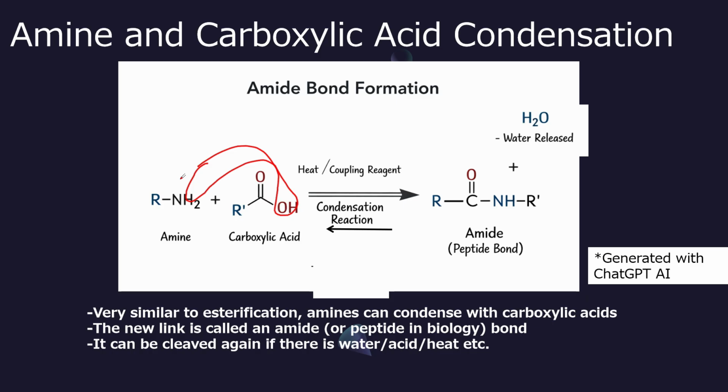Now, this is a condensation reaction very similar to esters and ethers, so it will go in reverse if there's too much water around, and we have enzymes and catalysts in the body that will help cut these up when it's needed. Yeah, so just those points underneath, basically I said already. Amide bonds, very important when we condense amines and carboxylic acid.